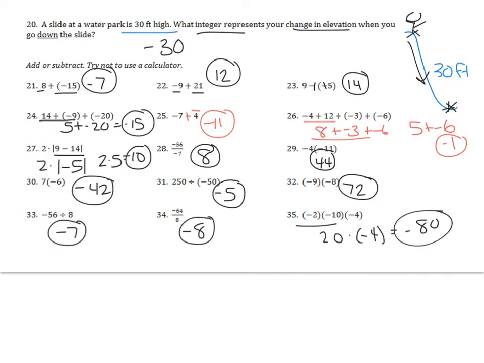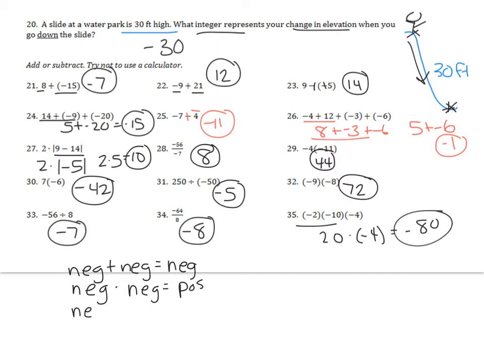Okay, so you have to be really careful with your signs. A negative plus a negative is a negative number. A negative times a negative is a positive number.